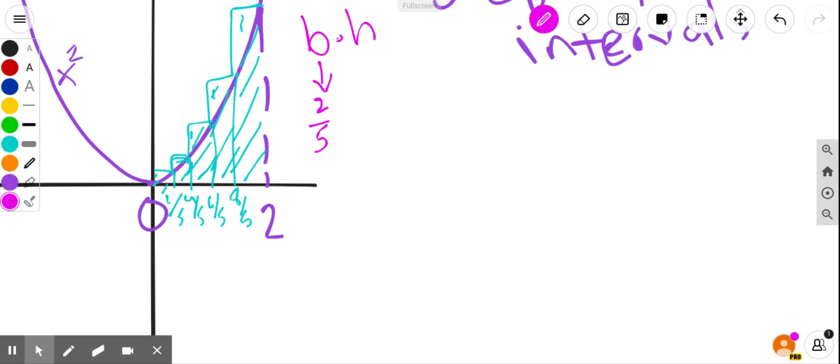So since there were 5, I'm using the 2/5. I'm just going to set up my structure. Right, there's going to be 5 of these.